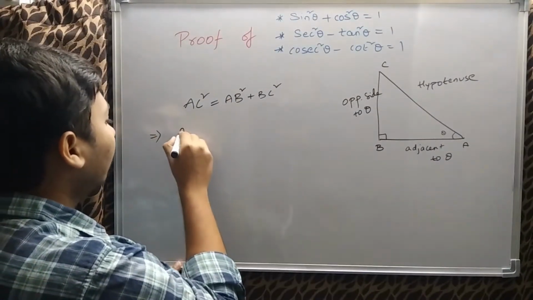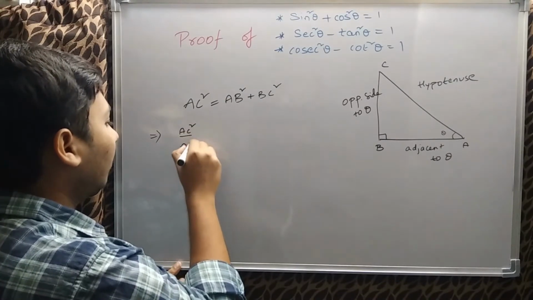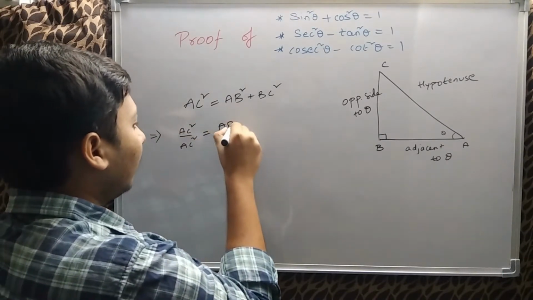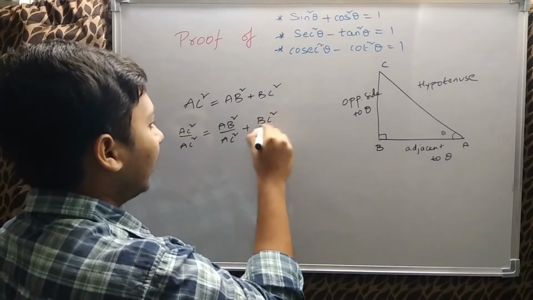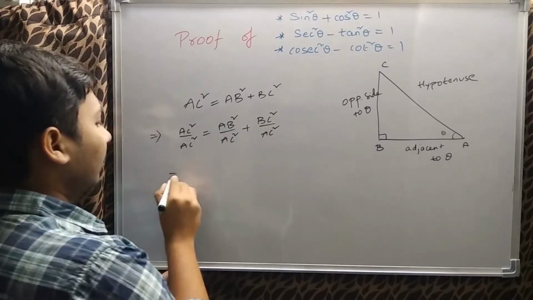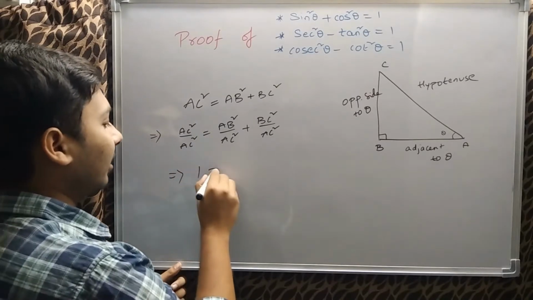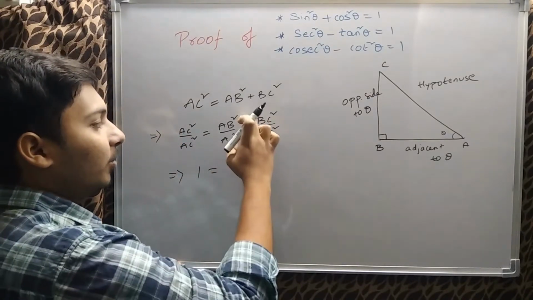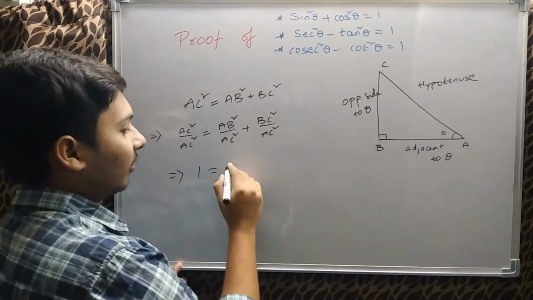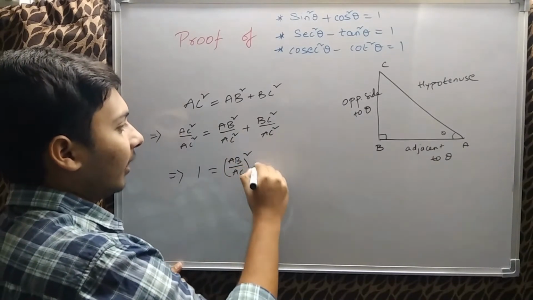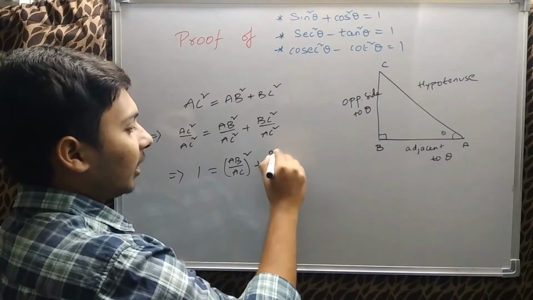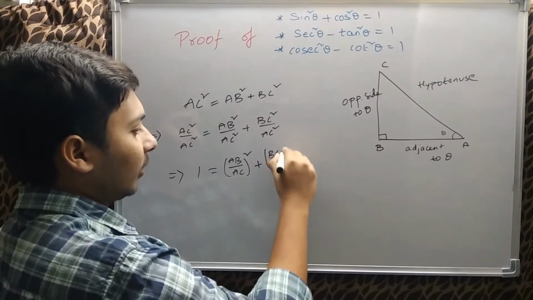That implies AC square by AC square is equal to AB square by AC square plus BC square by AC square. AC square by AC square is equal to 1, and AB square by AC square can be written as AB by AC whole square, and BC square by AC square can be written as BC by AC whole square.